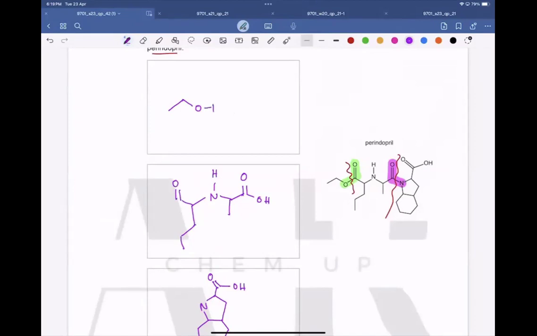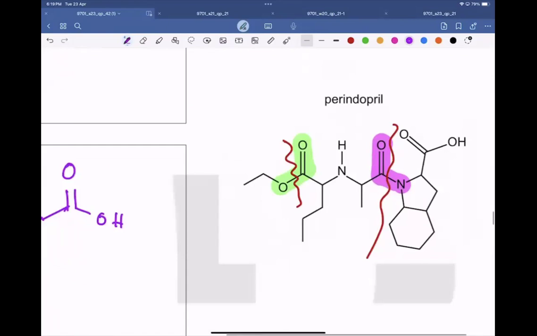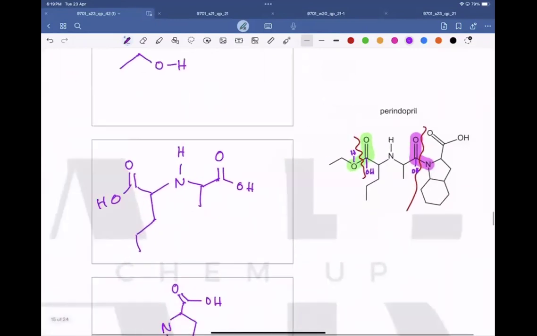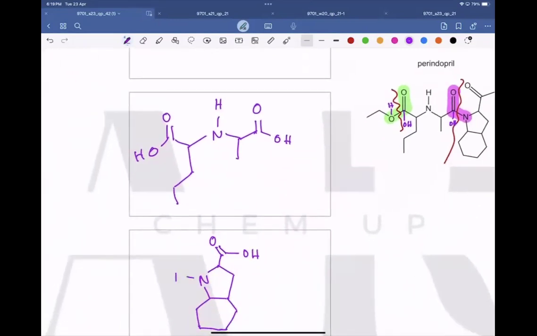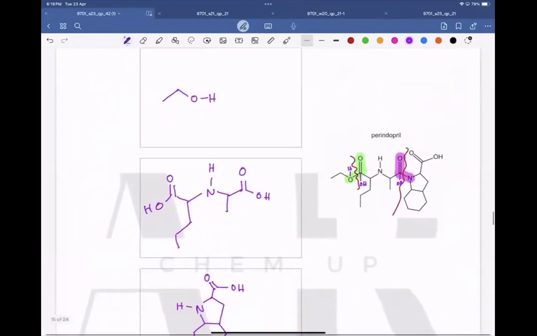So here we get the alcohol. Here it's a carbonyl, so it turned into carboxylic acid. On both the sides, see, here we get a H. Here we got OH. Here we got OH. And to this nitrogen, we get a H. See, is this clear to all of you?